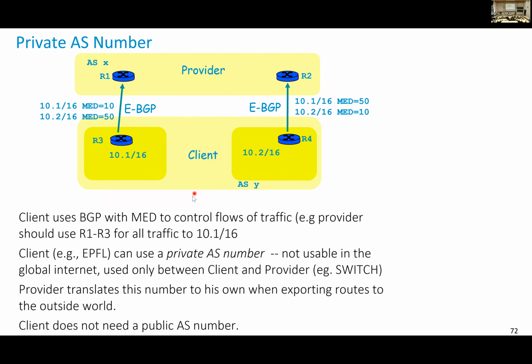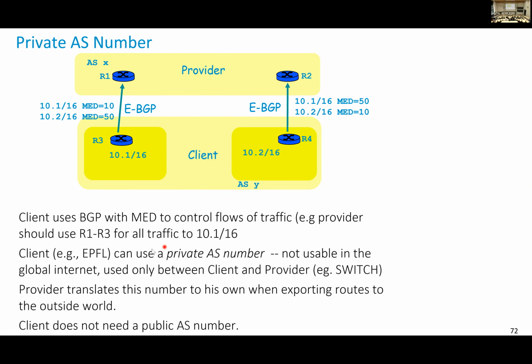That's the case of EPFL, which is connected to SWITCH. Now, EPFL might still want to speak BGP with SWITCH, and in order to use BGP, you need an AS number. But for the rest of the world, EPFL is always visible as a part of SWITCH. So it's not a good idea to give an AS to EPFL, because that makes the world look more complex than it is.